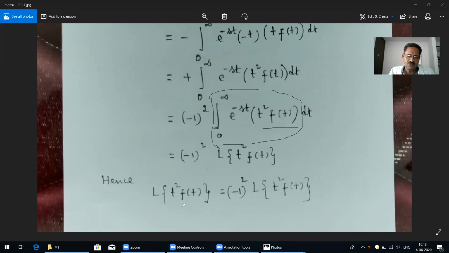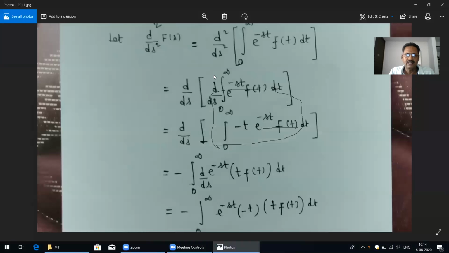Hence, the Laplace transform of t squared times f(t) equals negative 1 power 2 times d squared by ds squared of F(s). Continue this process. What is the final value? Finally you are getting it like this.